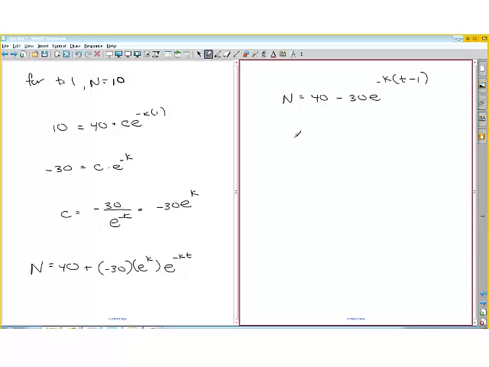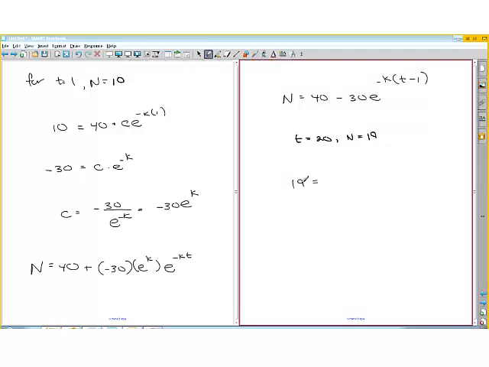Okay, the second condition says that when t is equal to 20, n is equal to 19. So let's plug that in.